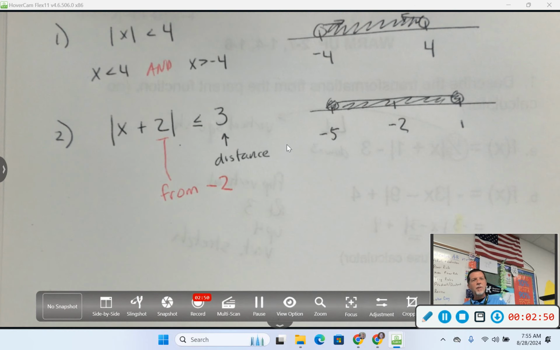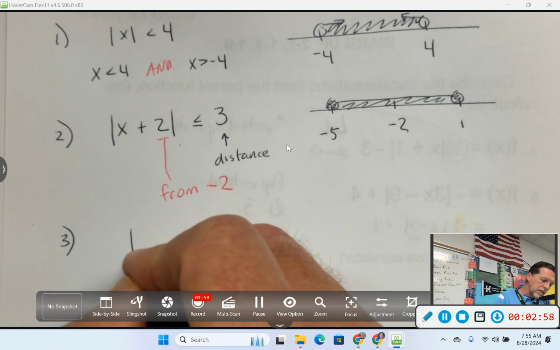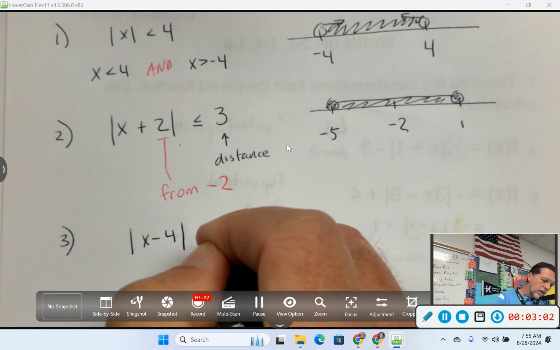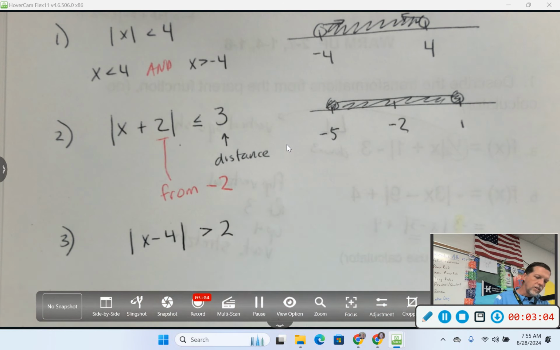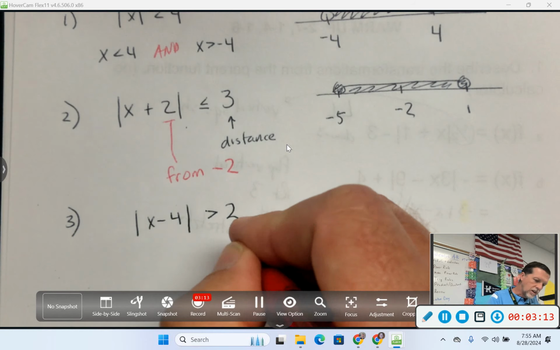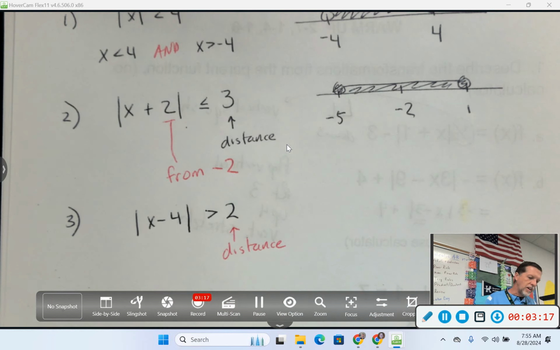We're not even going backwards yet. We're trying to find a kind of shortcut for easy ones going forward. One more going-forward problem. Absolute value of x minus 4 is greater than 2. Looking at that last one, what's the distance? 2. And where's the center? The distance from what?